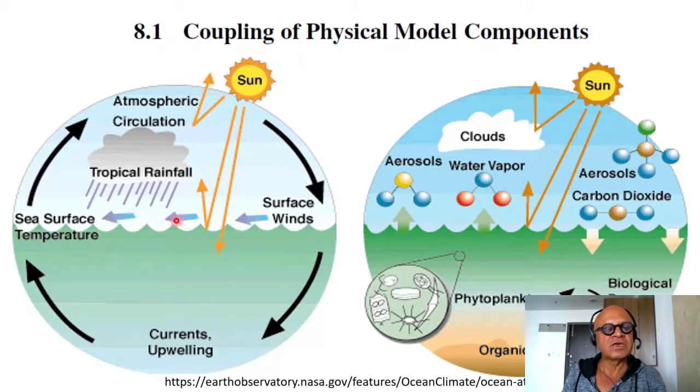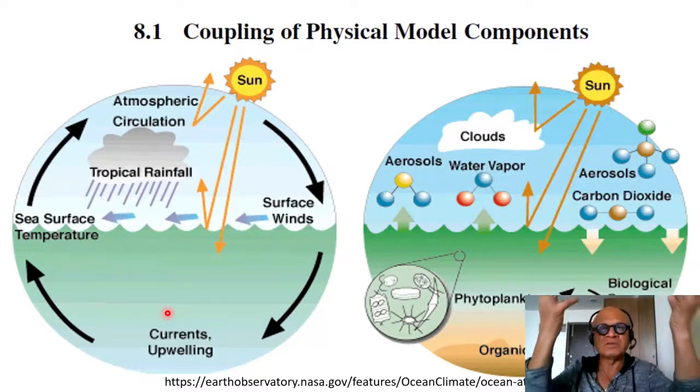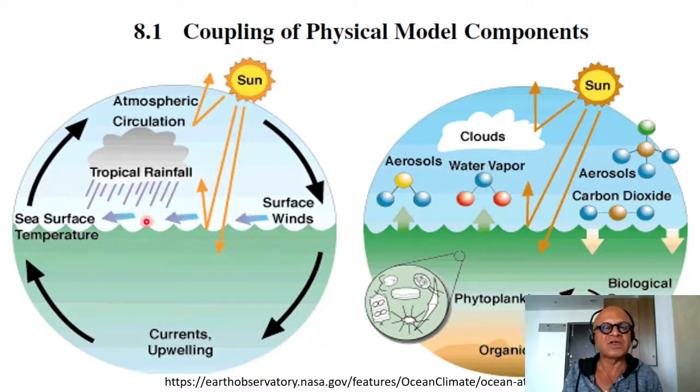So then the equator to pole temperature gradient is set up, circulation is set up, rainfall in the tropics, and mid-latitude storm tracks, and there are exchanges between the atmosphere and the ocean, energy and momentum going into the ocean, ocean currents getting set up, and all kinds of time scales being created with ocean currents, and places where water comes up, what we call upwelling, and places where waters converge and go down, places where waters get heavier and sink, and so on and so forth.